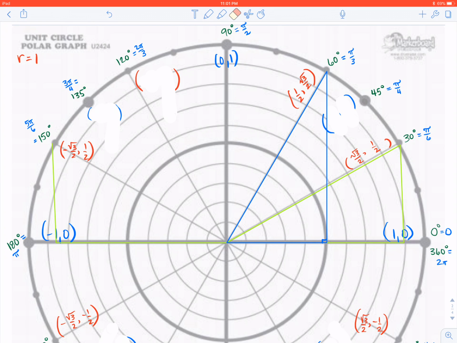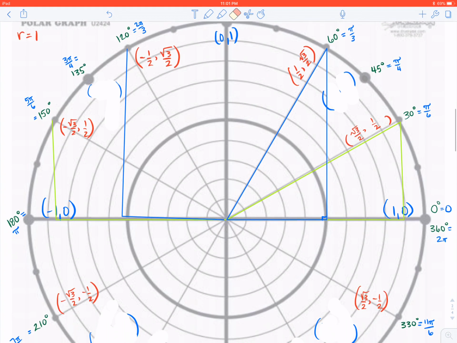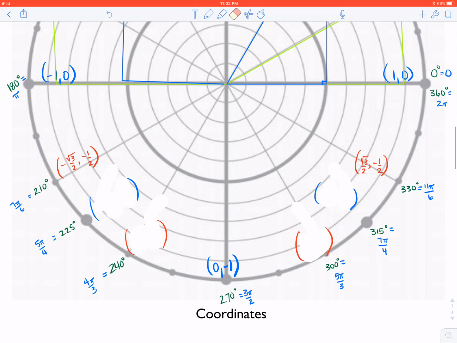The next pi over 3 position, same thing, only this time, once again, my y value is my long value. My x value is my short value. But this time my x value is negative, so we're going to the left a short value, that's negative 1/2, and we're going up a long value. Come down then to the third quadrant.